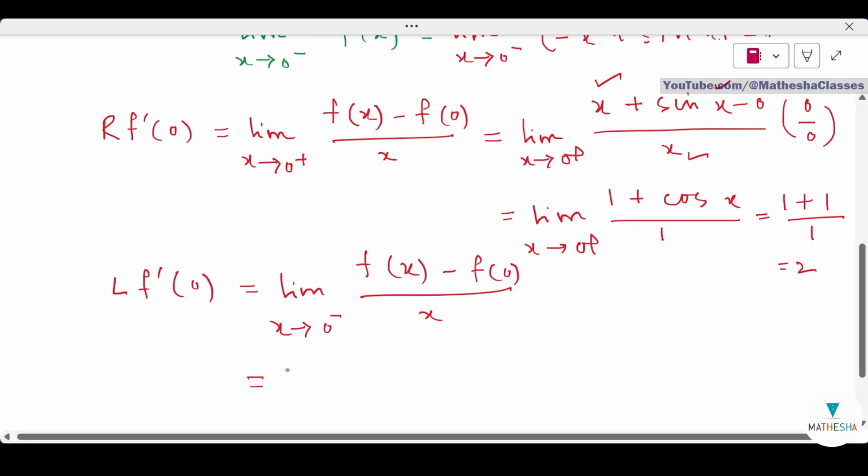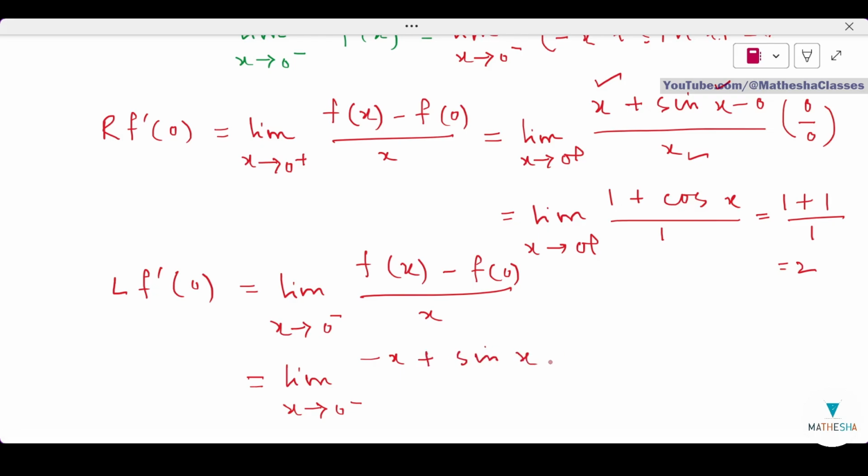So that will be limit x tends to 0 minus (minus x plus sin x, minus f(0) is 0) upon x. Once again it is of the form 0 by 0.